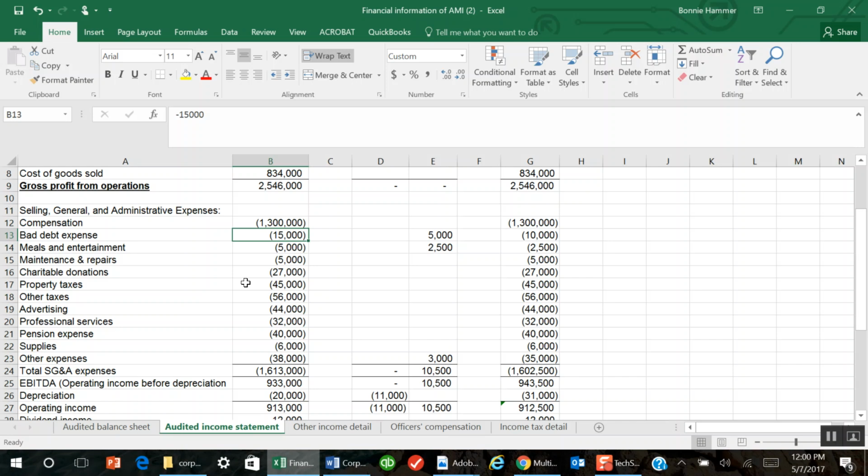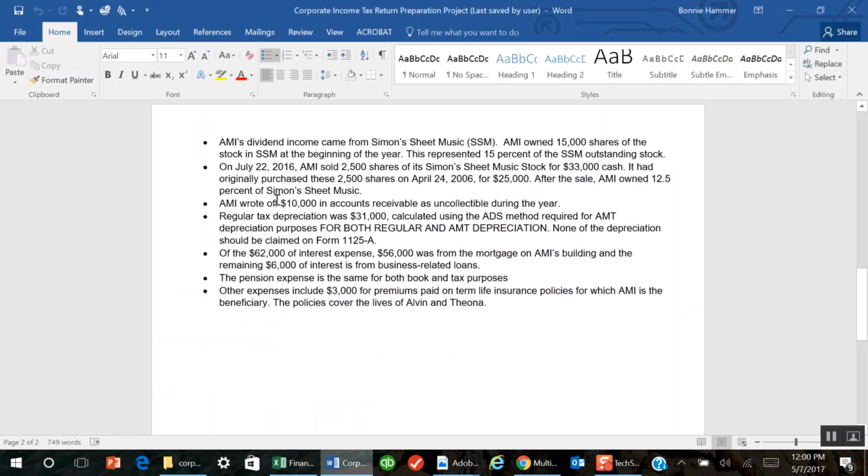When you write off the receivable for book purposes, you are crediting AR, accounts receivable, and you're debiting the AR allowance. You are not debiting bad debt expense. So that $10,000 write-off did not hit bad debt expense. It did not get charged to the income statement.